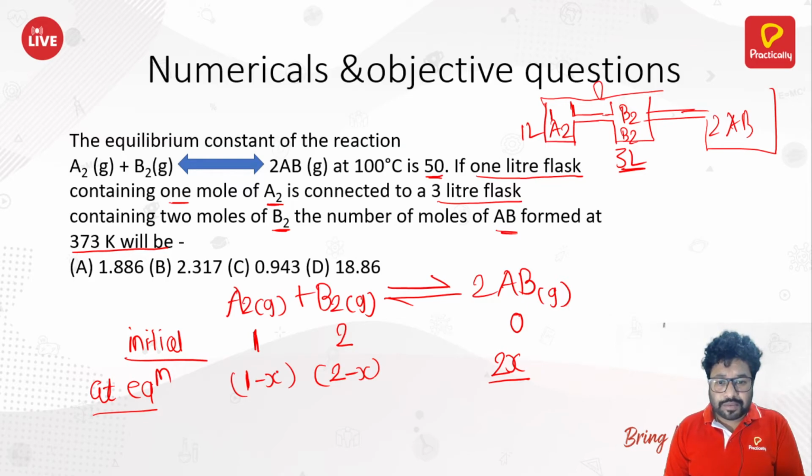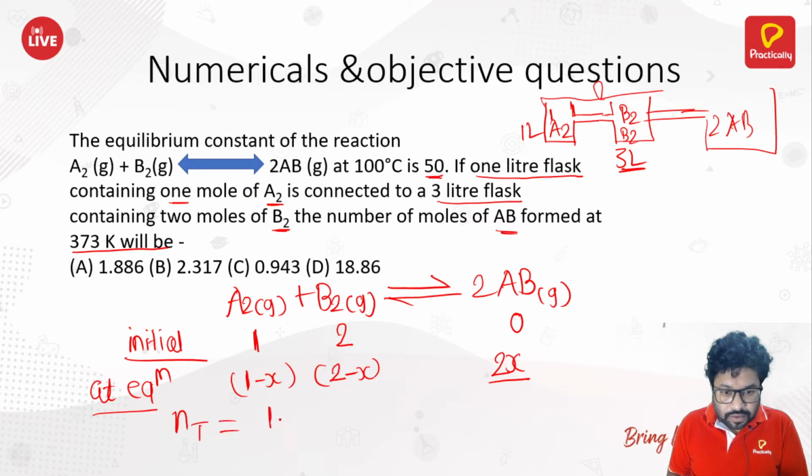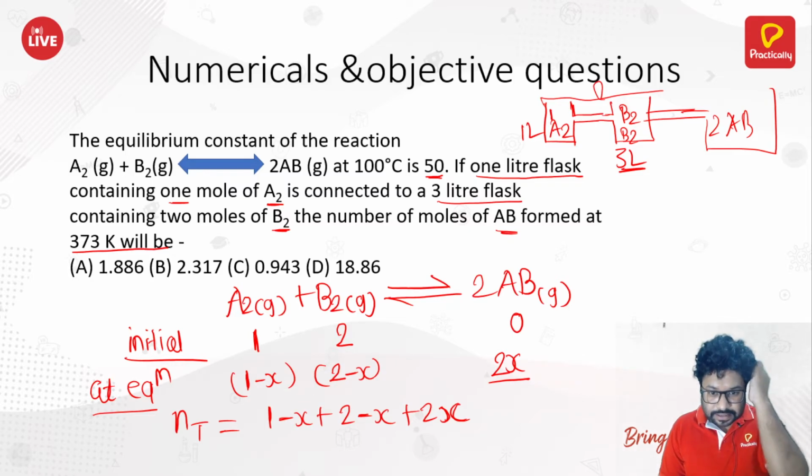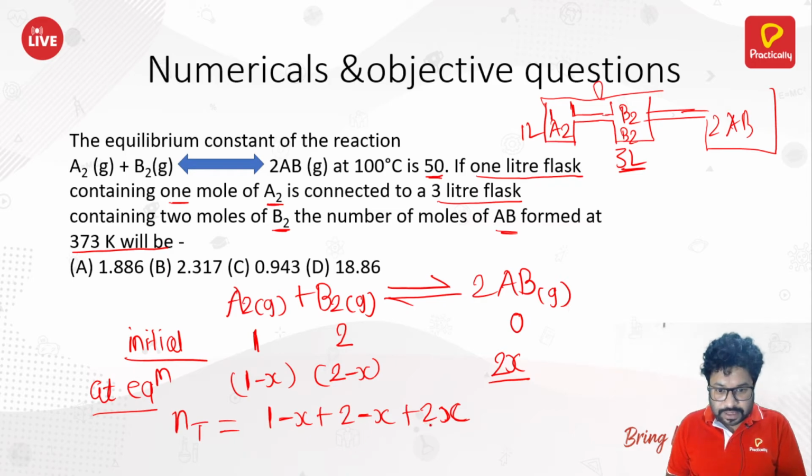Now the total number of moles at equilibrium: Nt will be equal to 1 minus x plus 2 minus x plus 2x. Let's omit it for some time.